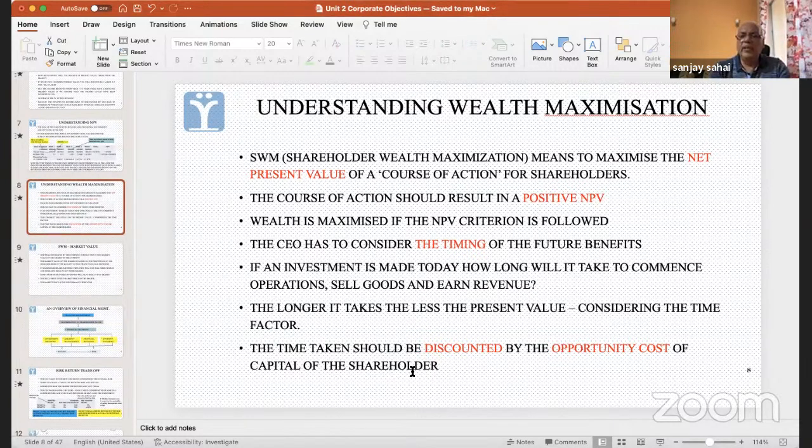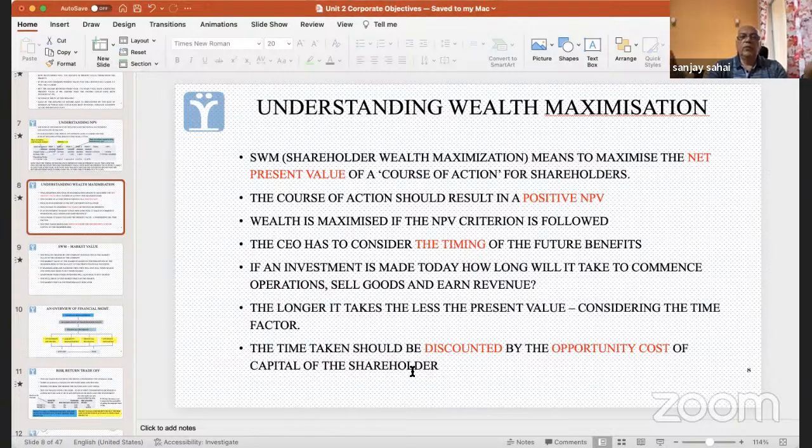In a simple layman's way, it just means that I'm getting back more. If you're getting back more than you put in, then you are adding to the wealth of the company. Just like if you invest in a bank and the bank gives you interest, at the end of 1 year, you have added to your own wealth.